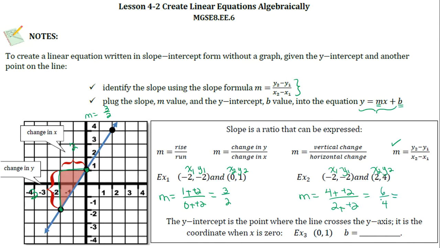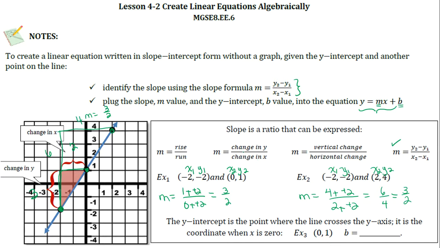We always simplify fractions when we can, but when we're talking about slope, we do not want to convert this to mixed. We want to leave it as 3 over 2. So again, we can see that these 2 points, -2, -2, and 2, 4, are from the graph. So we could confirm that we're going up 3, 4, 5, 6 units, and then to the right, 1, 2, 3, 4, which does simplify to the 3 over 2.